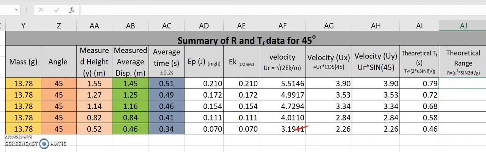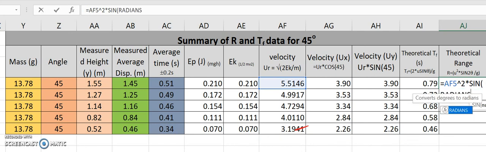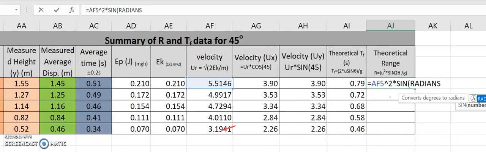So I'm going to put in here, it's equal to u squared, which is u, that one there, u squared, use a little top hat, squared, multiplied by the sine, again, it has to be in radians. Let me just scroll across a little bit so you can see what I'm writing here.